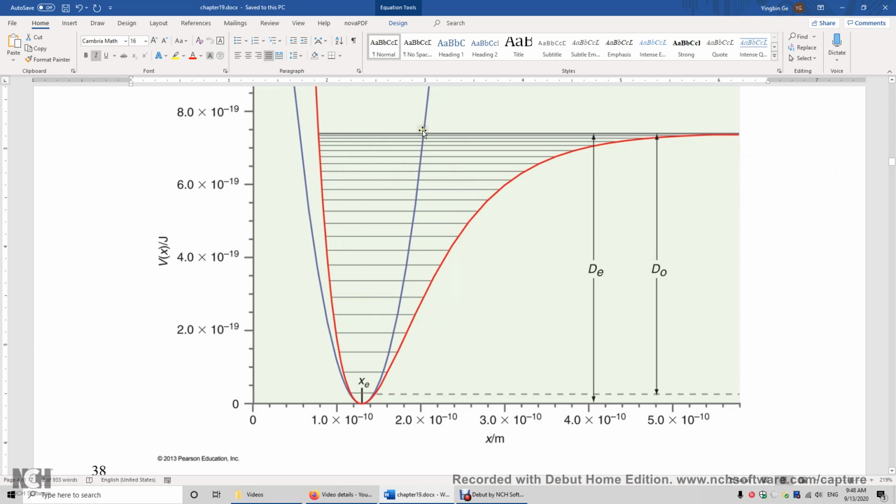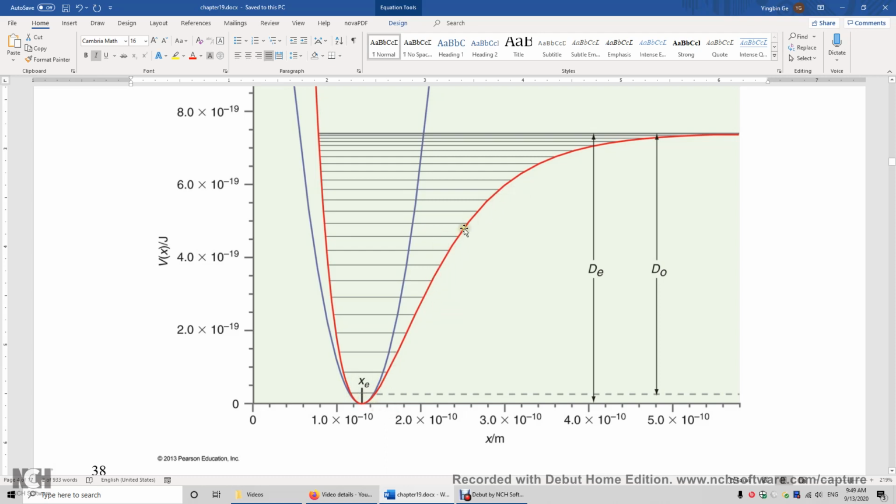The blue curve is a simple harmonic oscillator model. Now let's say x is very close to x e. x is the bond distance. x e is the equilibrium bond distance. Now look at these two curves, the red curve and the blue curve. Well, they match with each other fairly well. What if we stretch the bond to here?